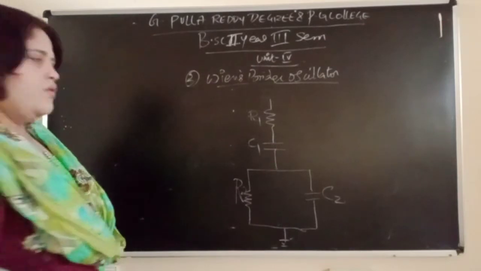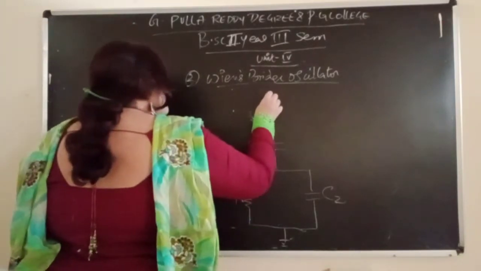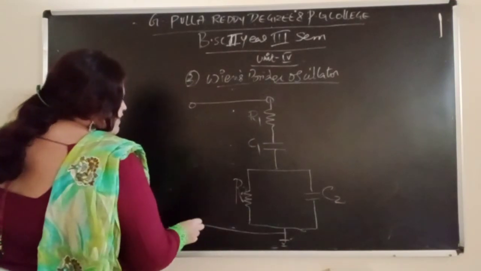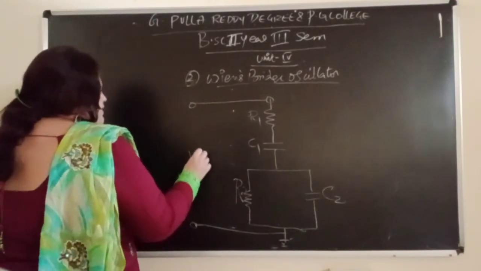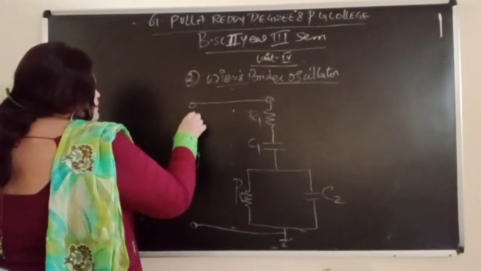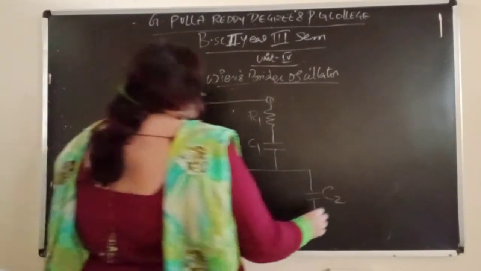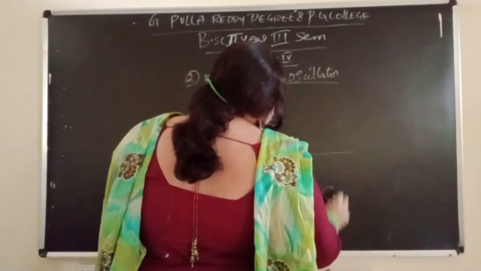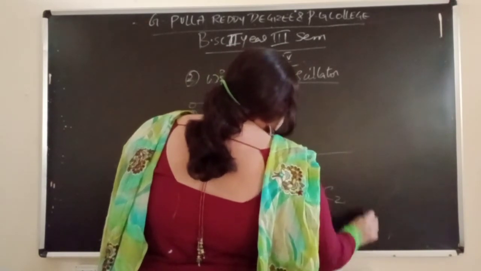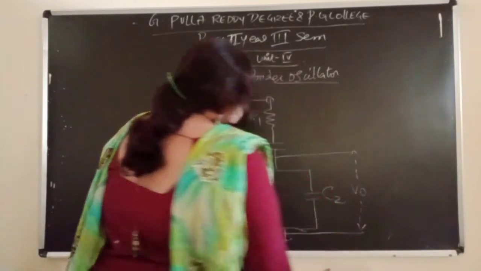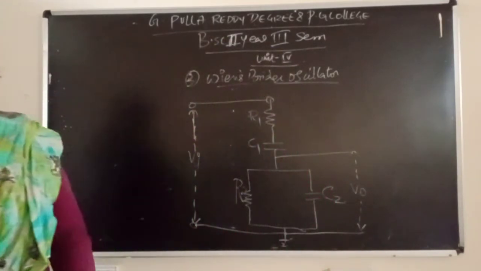It consists of two arms. From here we take one line and mark it as input. Then the output you will measure from here to here. This is the output.